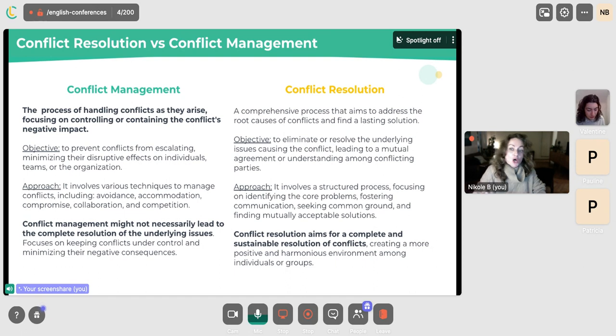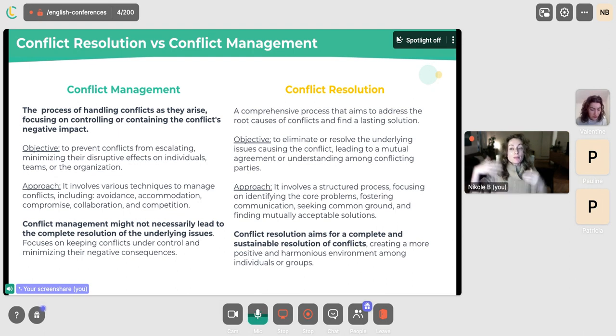Conflict management talks about the process of handling or dealing with conflicts as they come up. It's the idea of focusing on and controlling those conflicts so that you're able to diminish or decrease their negative impacts.